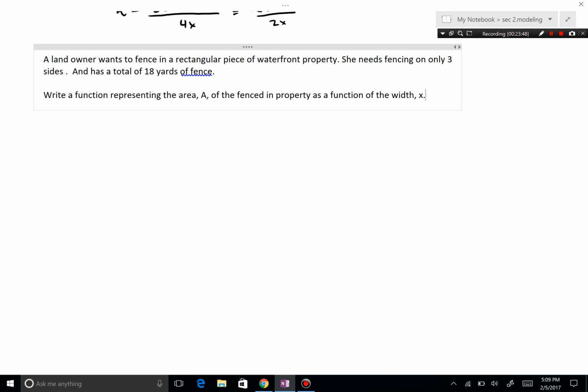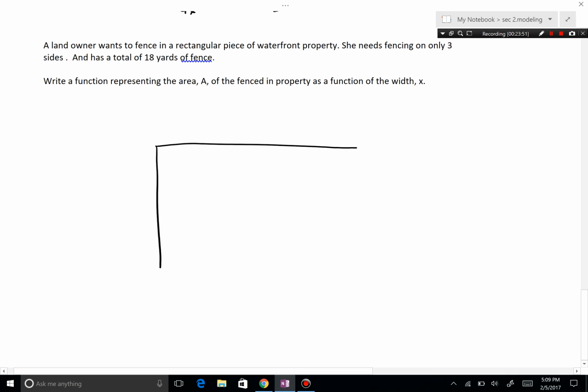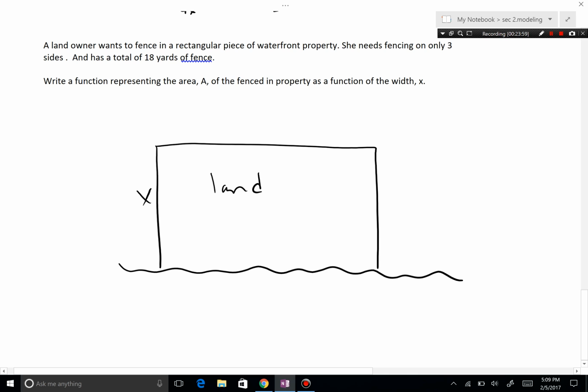So here's the picture. Here's your property, it's rectangular, water is here, here's your width, and here's the land. So do that, and I will collect this from you mañana.